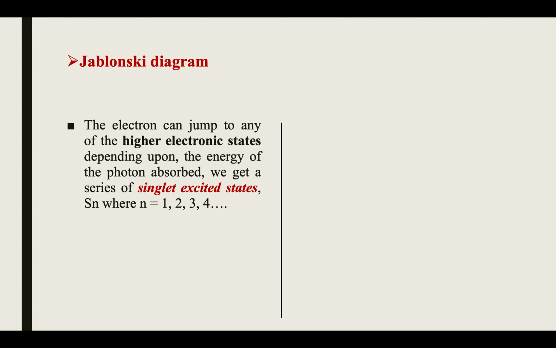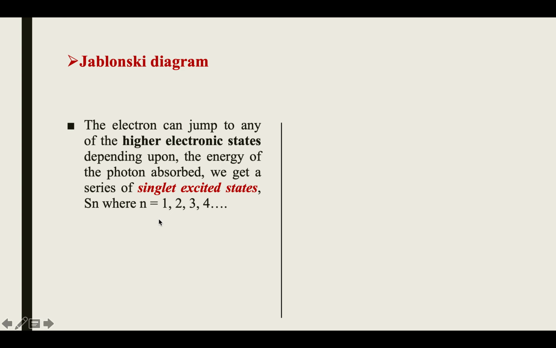Whatever photon is absorbed into the molecule, that molecule goes to a higher electronic state, because the electron jumps to the higher state. So we get a series of singlet excited states. When it gets to the higher electronic state, we say it is a singlet excited state.